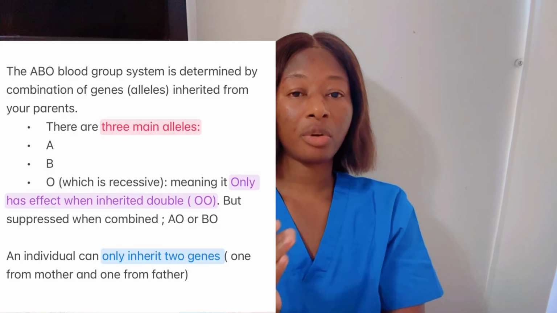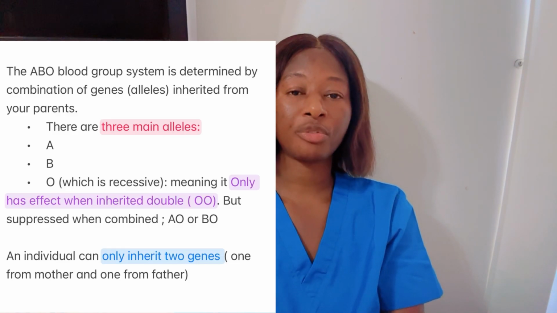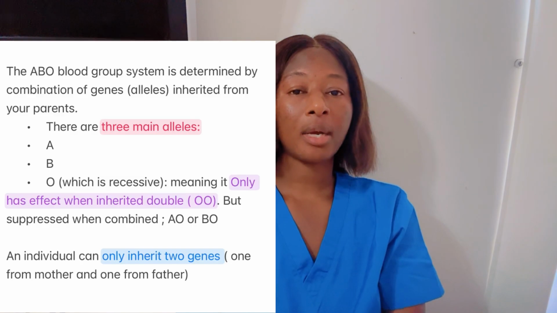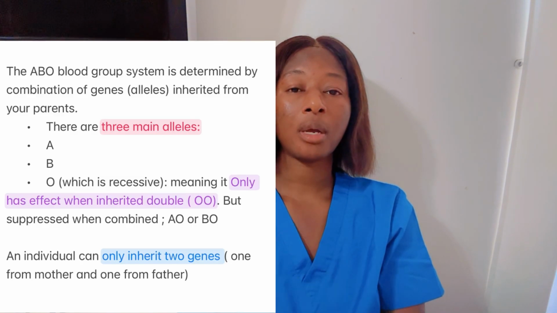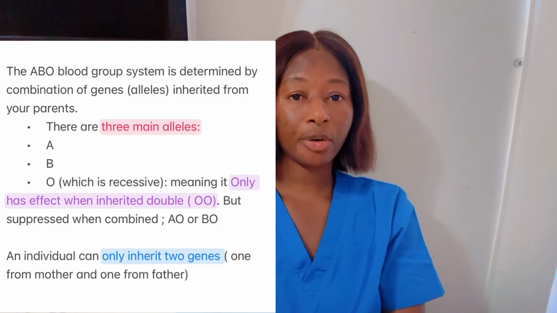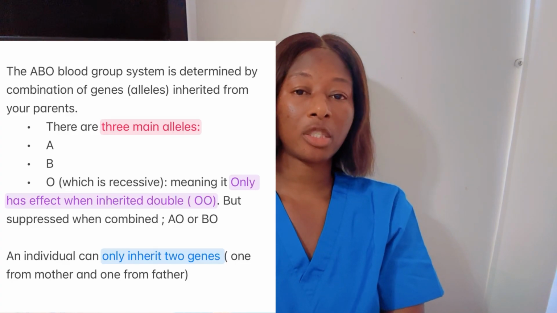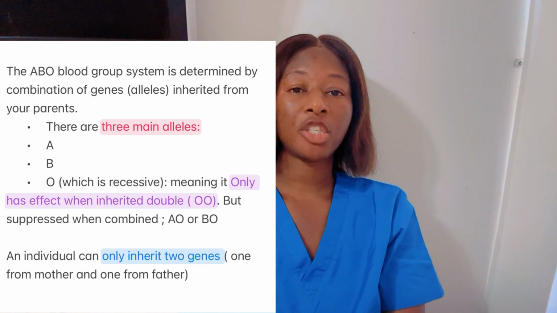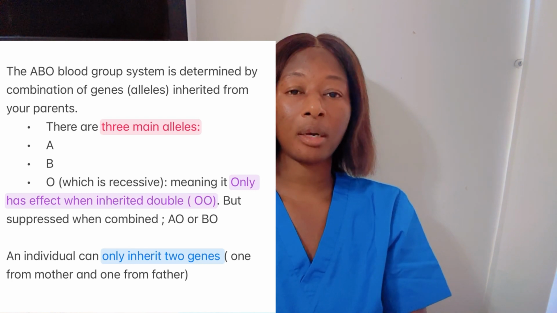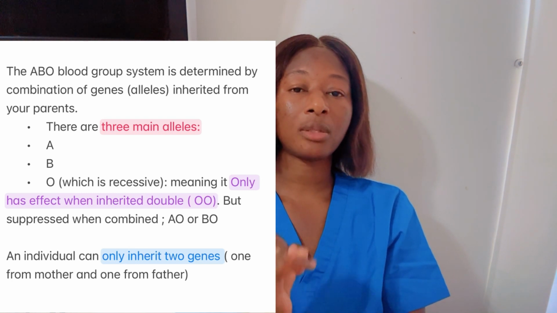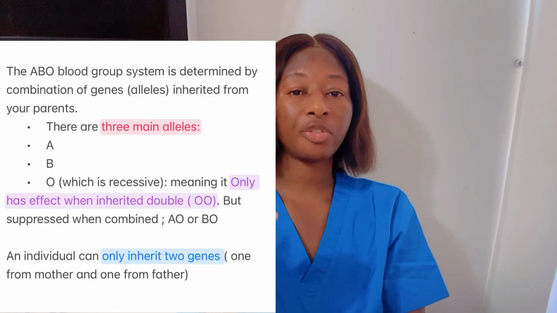Of the three main genes that determine the ABO blood groups, an individual can only inherit one copy, or one gene, from each parent. You can only inherit one gene from your mother and one gene from your father. You cannot inherit two genes from one parent. Out of these three, O is a recessive gene, and A and B are dominant genes. When we say a gene is recessive, it means that unless it is inherited as double copies, it cannot manifest its features.